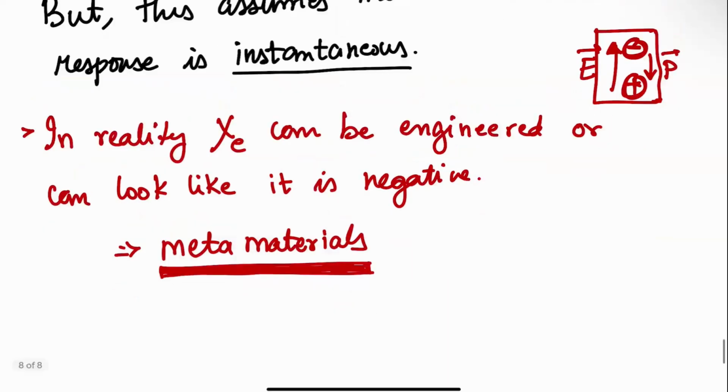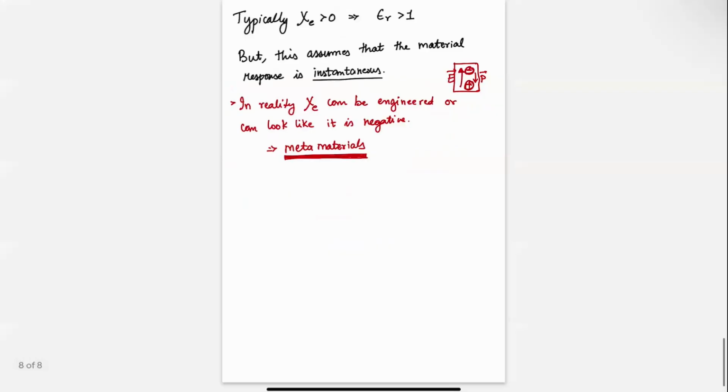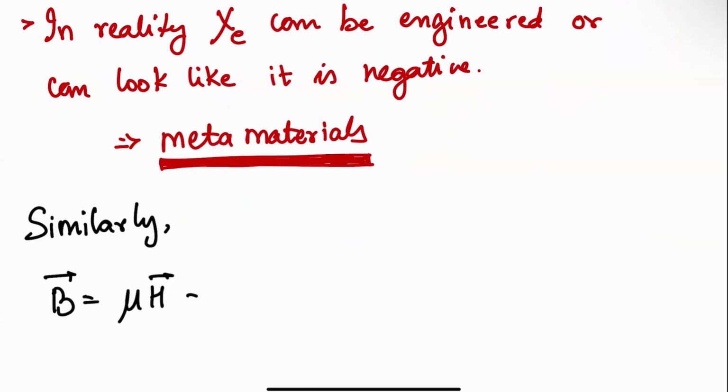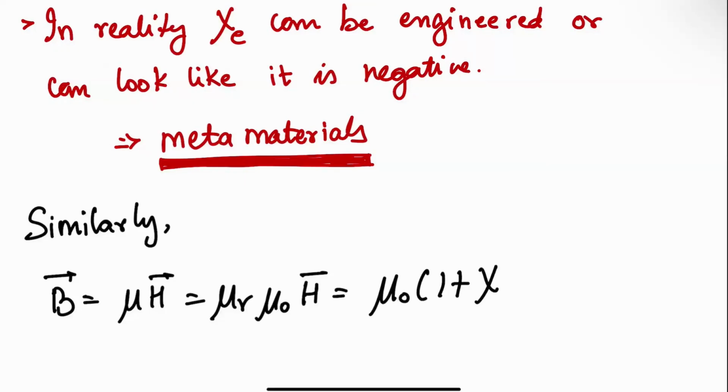Okay, so in an analogous fashion, for magnetic fields, you have B equal to mu H, which can be written as mu r mu 0 H, which can be written as mu 0 (1 plus chi m) H, where this chi m is the magnetic susceptibility.